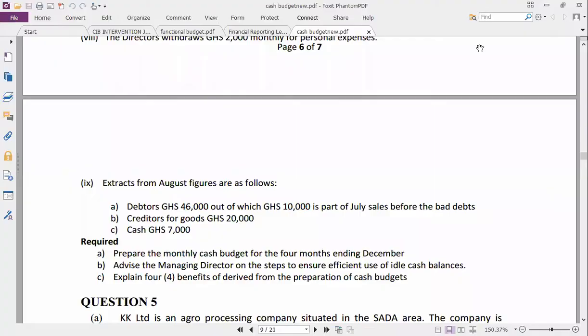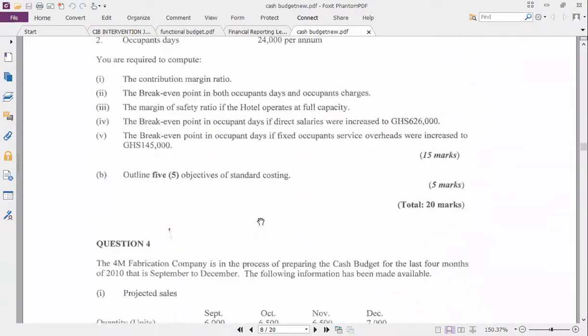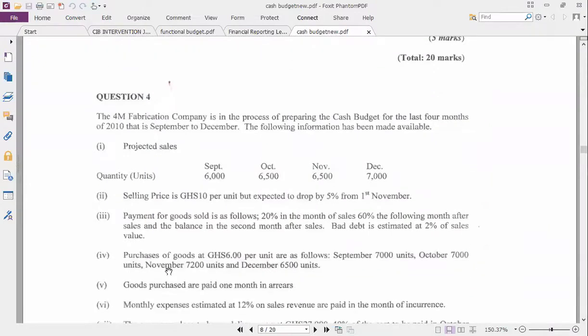Okay. So you are going to try 2 questions under the cash budget. You are doing question 4, 4M Fabrication Company. That's question 4. You are trying that cash budget for us.